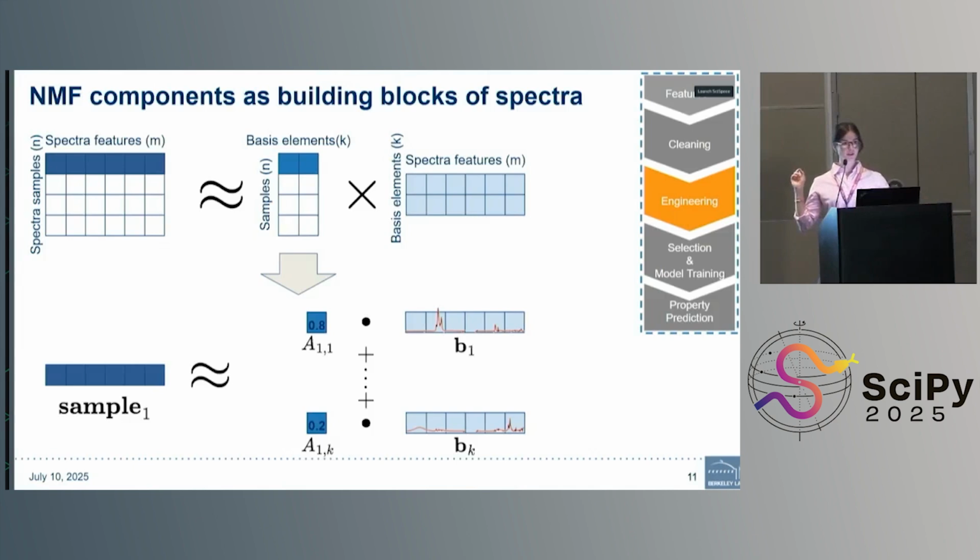And because we use these coefficients as inputs to our machine learning models, we can track how each spectral feature influences the prediction. So by looking at which coefficients matter for each property model and linking them back to the corresponding basis spectra, we can gain valuable insight into what kinds of chemical features drive behavior like flashpoint or viscosity.